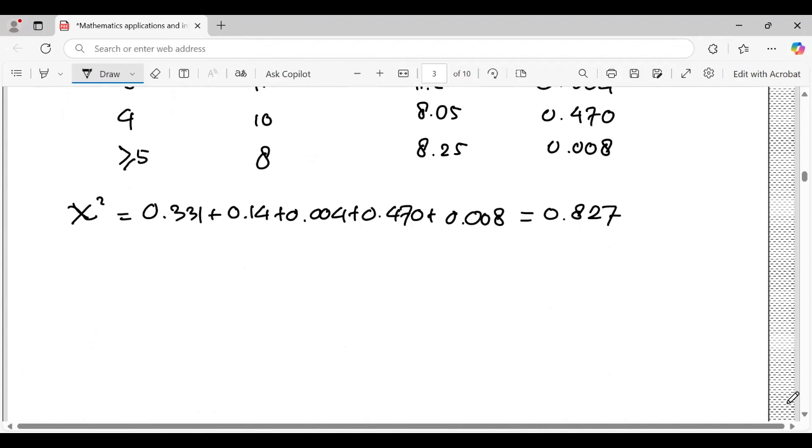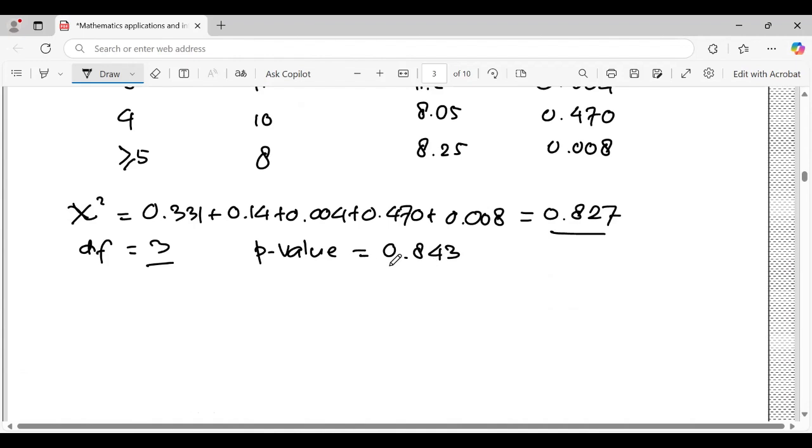Now use a chi-squared distribution table or calculator, with this chi-squared value and the degrees of freedom equal to 3. So the p-value based on these numbers we can determine is 0.843.